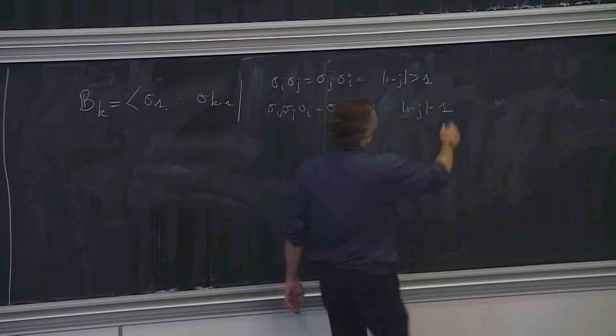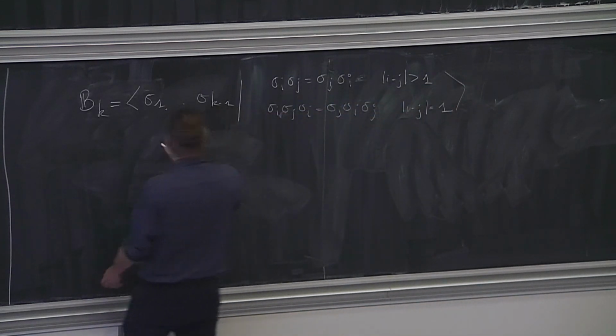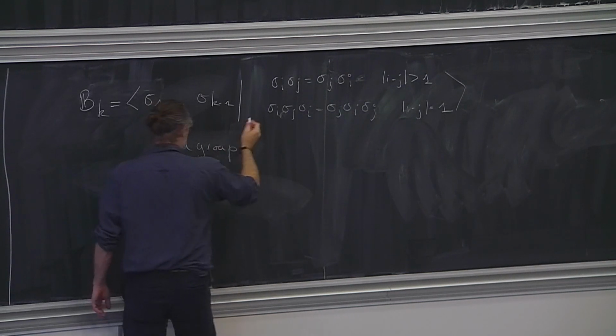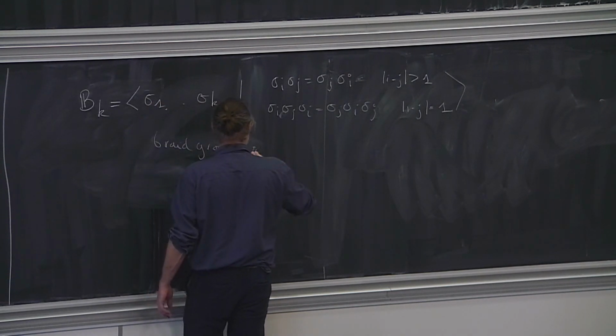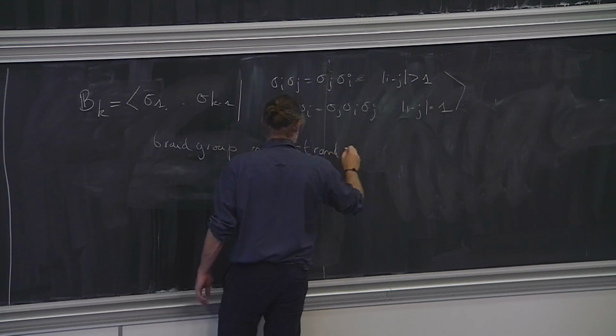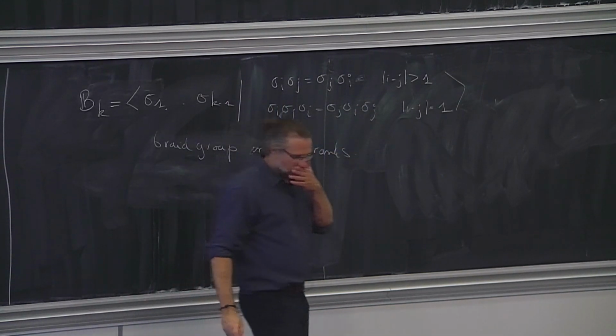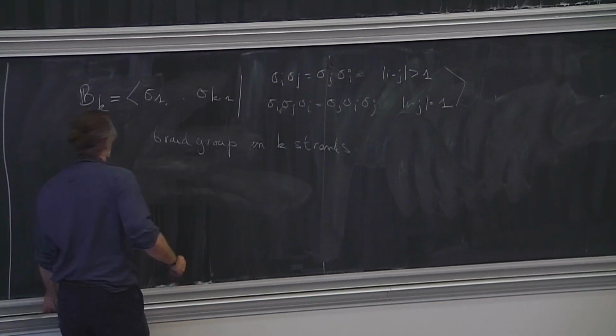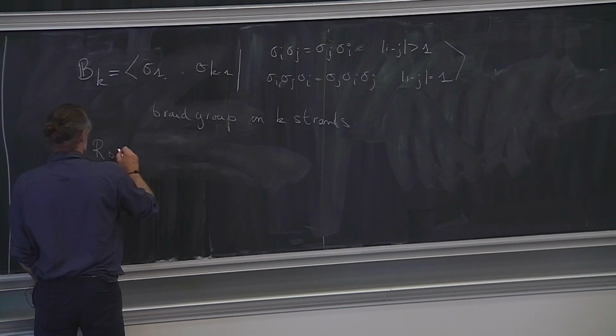So this is a braid group on k strands. Very good. And now I can discuss something which is called Rouquier complexes.